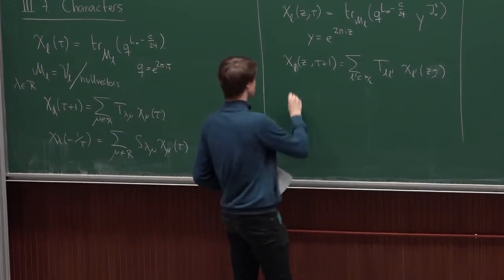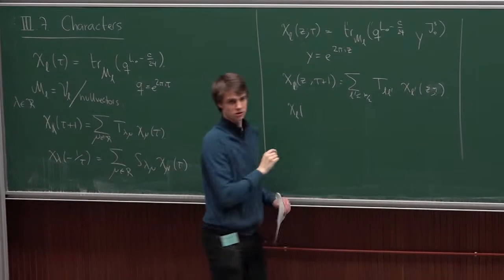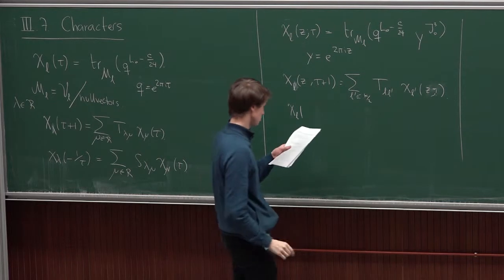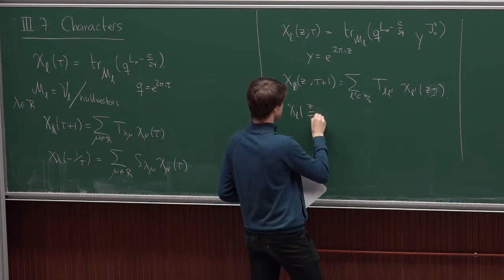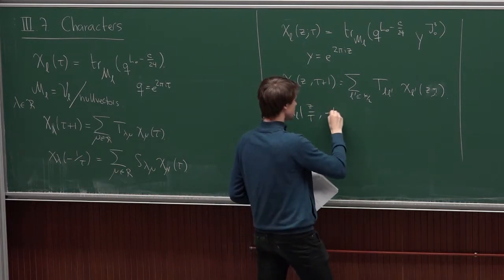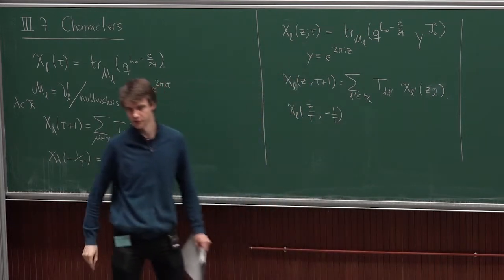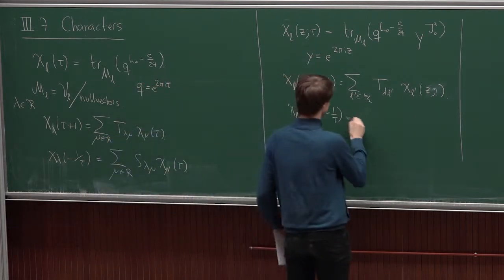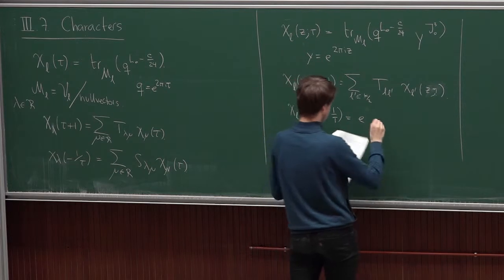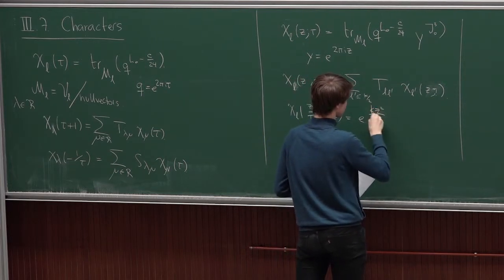With S, there's a slight modification. It's only modular covariant, so slightly less nice. The z also transforms under the modular transformation like that. And you get an additional prefactor, which is k z squared over 2 tau.